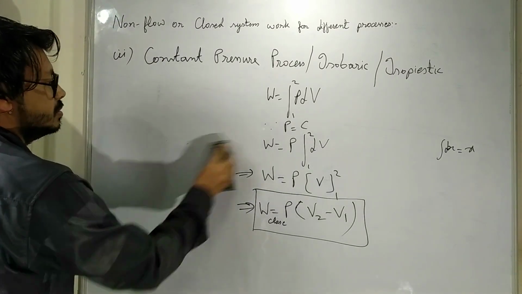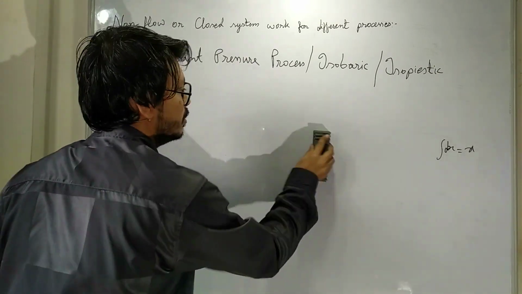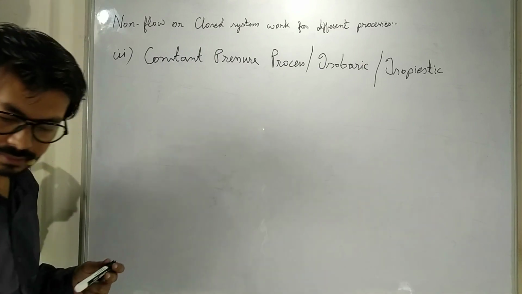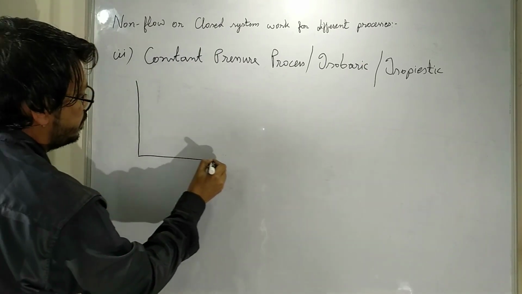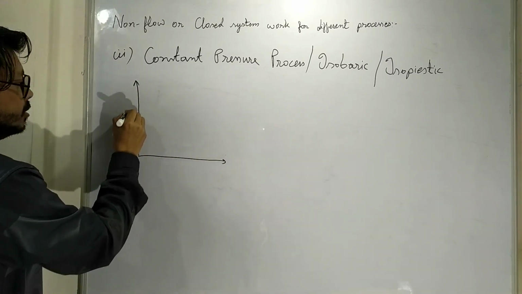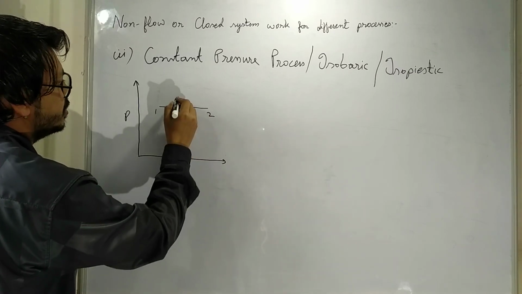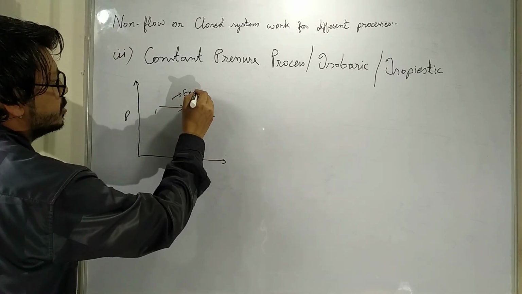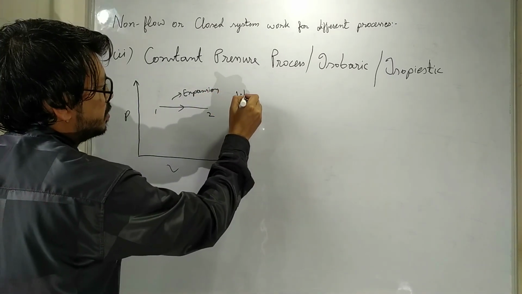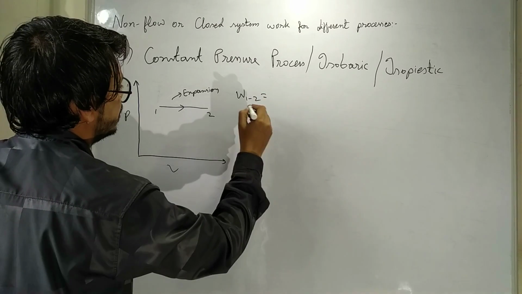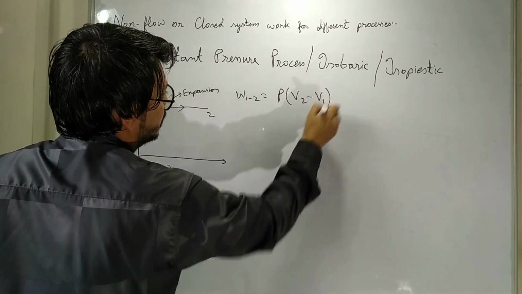Now this is our PV diagram, and this is the expansion process from 1 to 2. Work done by this process 1 to 2 is equal to P into V2 minus V1.